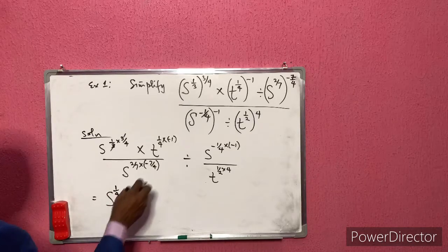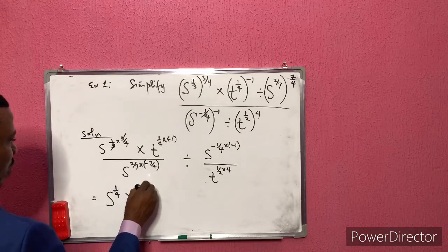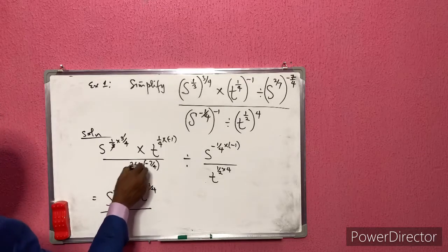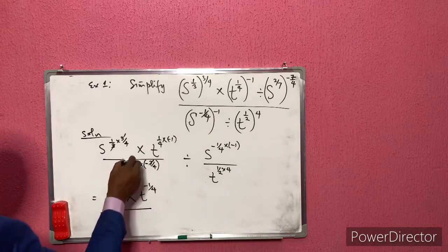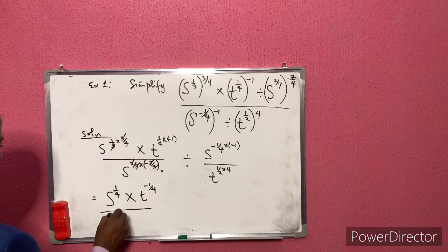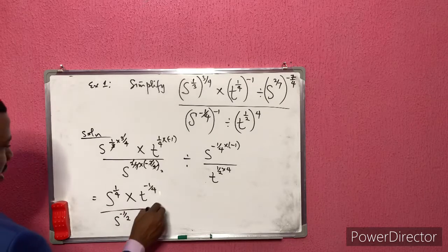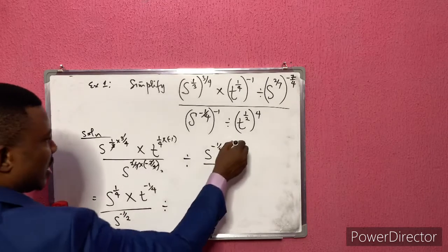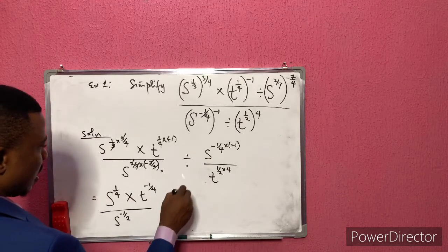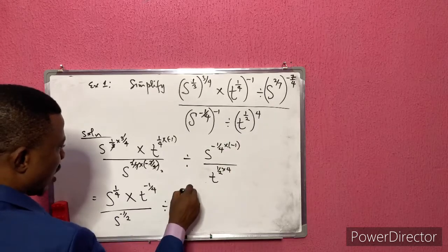Multiply by this times this gives us t power minus 1 over 4 all over. This cancels this and this cancels this. I'll have 2, so x is minus 1 over 2 divided by this times this, which is going to give us x power, this times is 1 over 4.